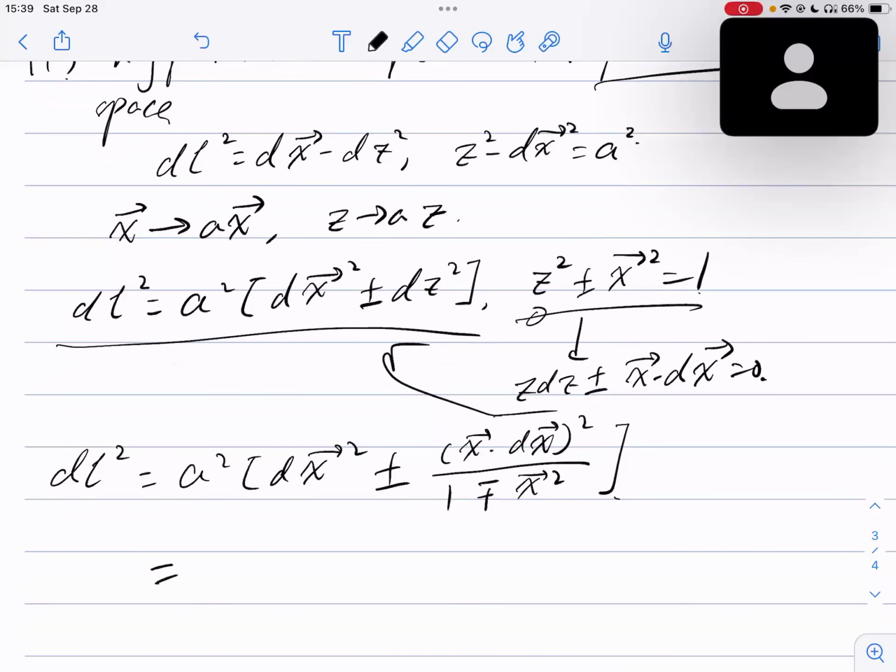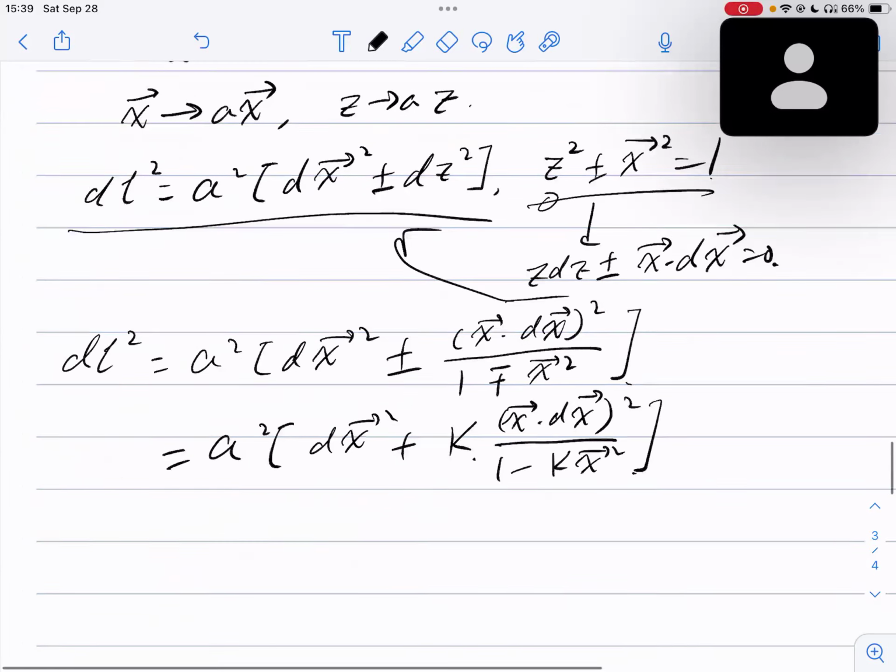And so we can introduce a parameter k to express it in a more beautiful way: dx squared plus k (x dot dx) squared over 1 minus k x squared.